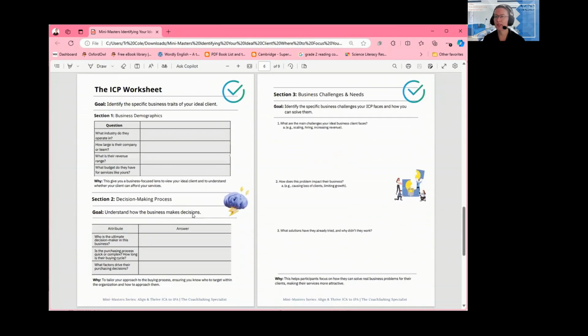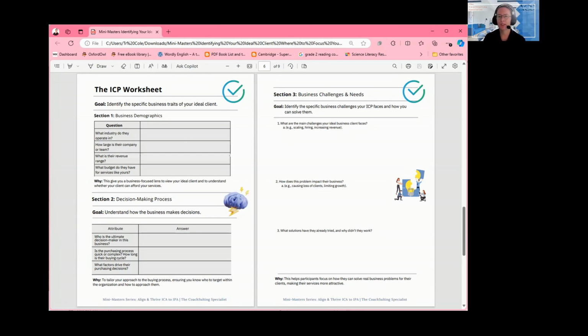But when we moved into the ICP, we wanted to know, how does that character, that ideal client, the character we have created from real data, now we translate this into how does that affect their business, and what solutions for their business or journey can you provide?